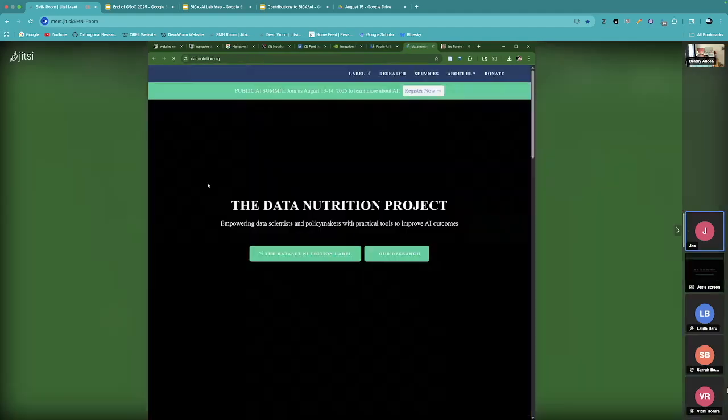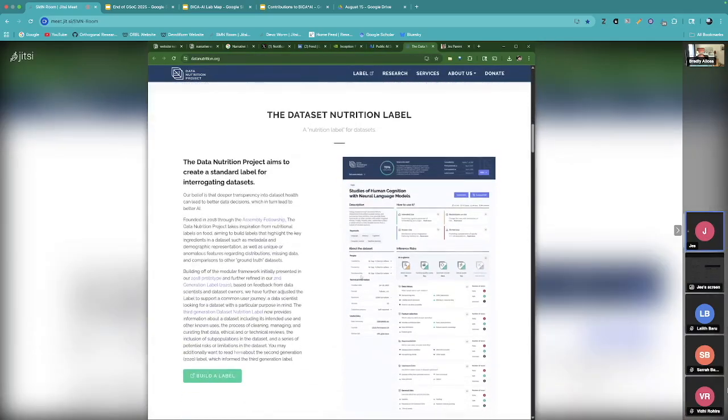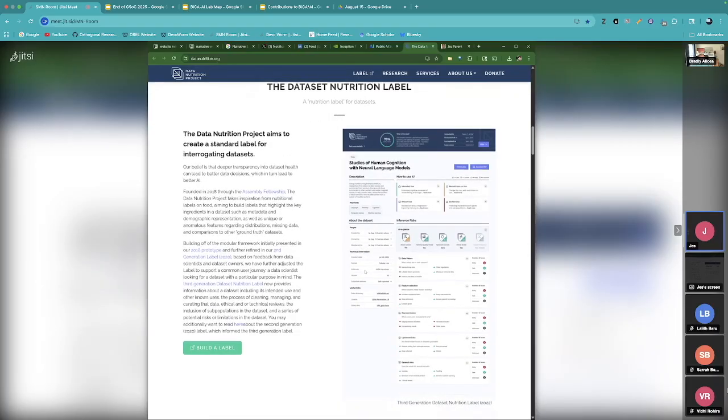The Data Nutrition Project is an effort to label datasets. We've talked about this before. These efforts make datasets more accessible, so you can interpret them and know more about them before you even do an exploratory data analysis. You label it, and you can build on it.